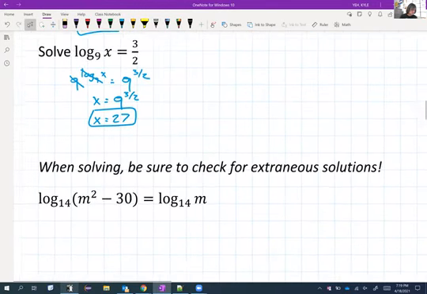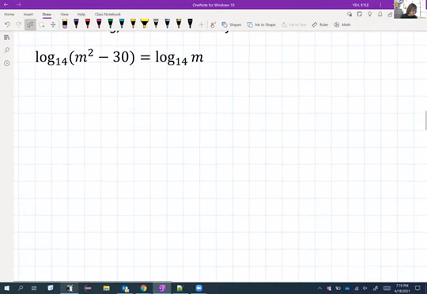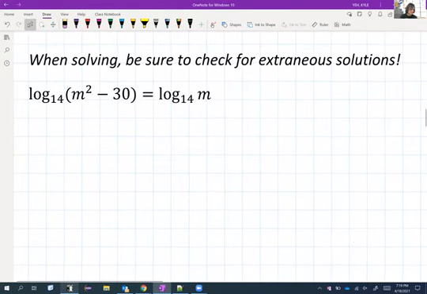So a couple other scenarios: extraneous solutions. We've heard that term before throughout this course. There are some solutions that will seem to work. You do everything right, and then when you get to the end, you plug it back in, it actually doesn't work. And so here's what that looks like.